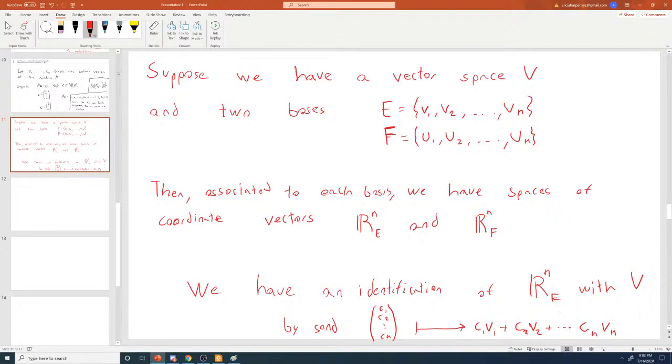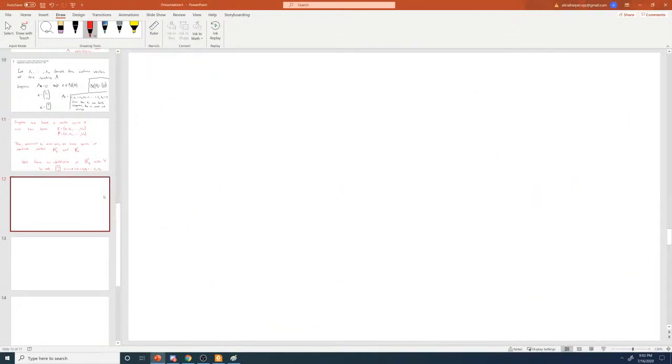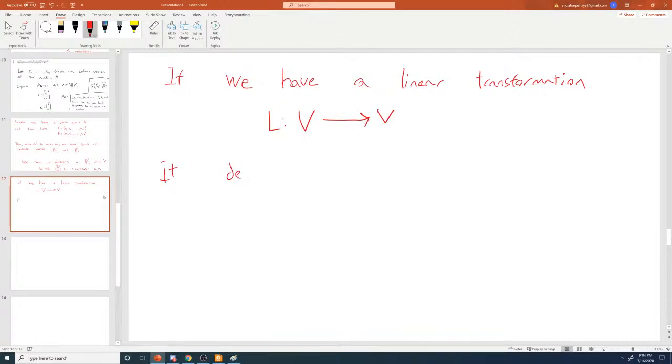Another reason we do it, and this is the reason it comes up in chapter 4, is that if we have a linear transformation, say L from V to V, it determines matrices.